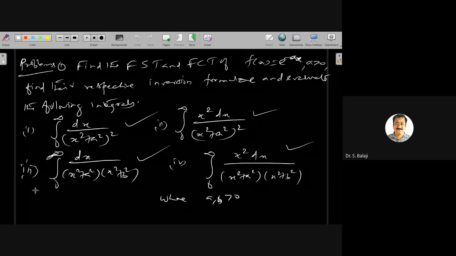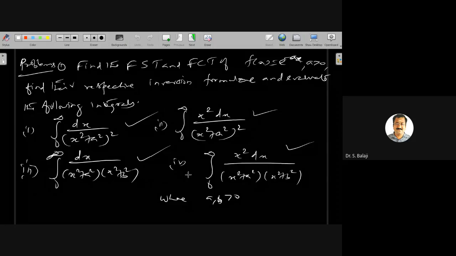Number 3, integral 0 to infinity dx by (x square plus a square) into (x square plus b square).